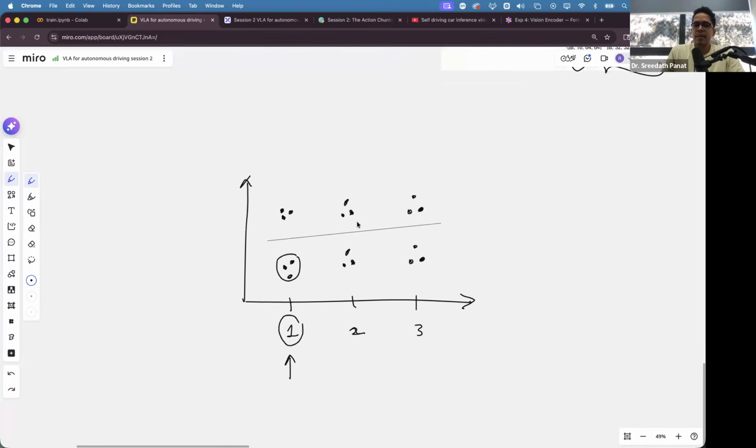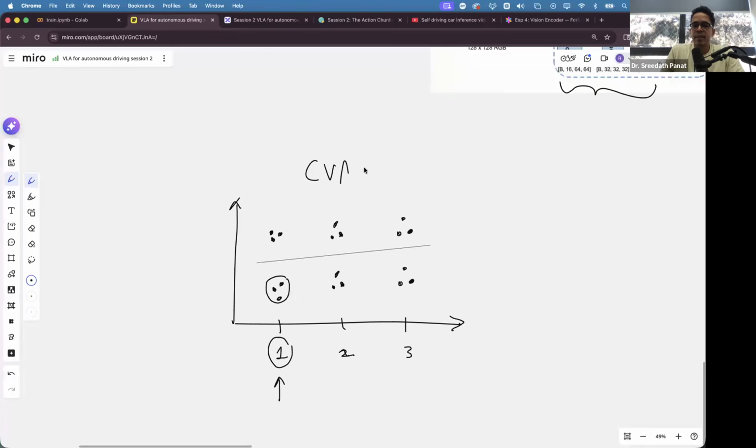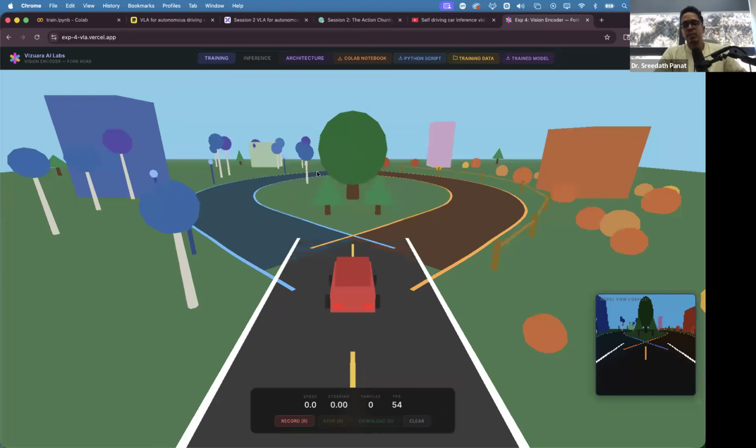So this is one reason why we have to introduce the conditional variational autoencoder when we get to ACT. We have not talked about ACT, action chunking transformer, yet, but just understand this. This is the reason why in my experiment number 4, I was expecting my car to directly go and hit the tree. But my suspicion is, because it's not going and hitting the tree, it's going always to the right.